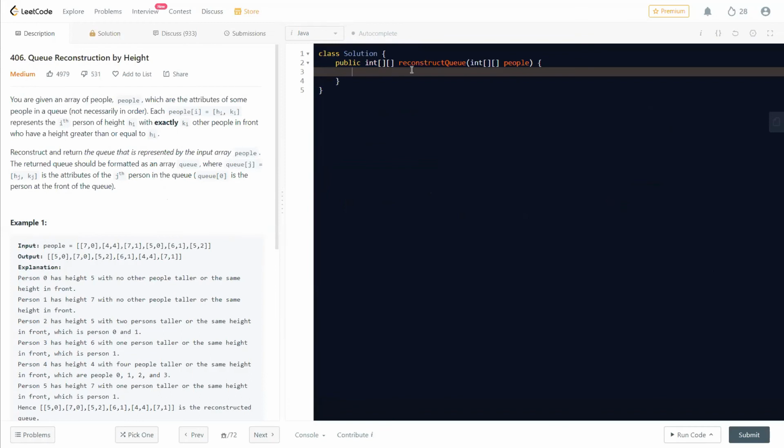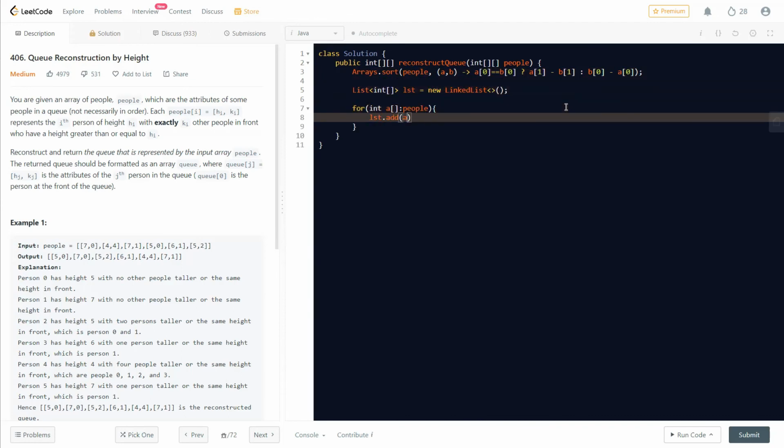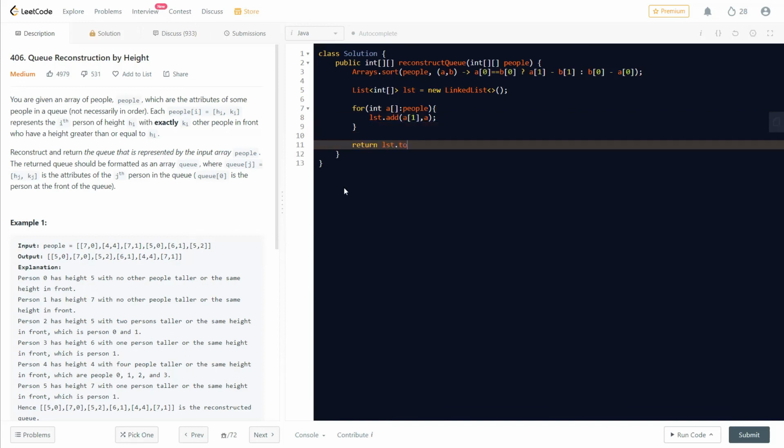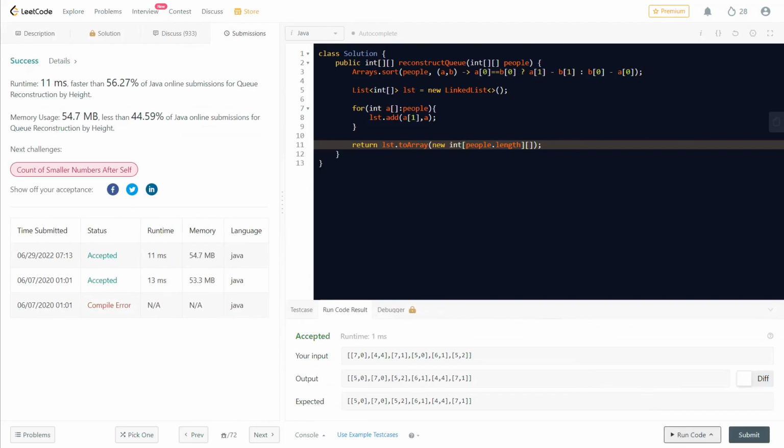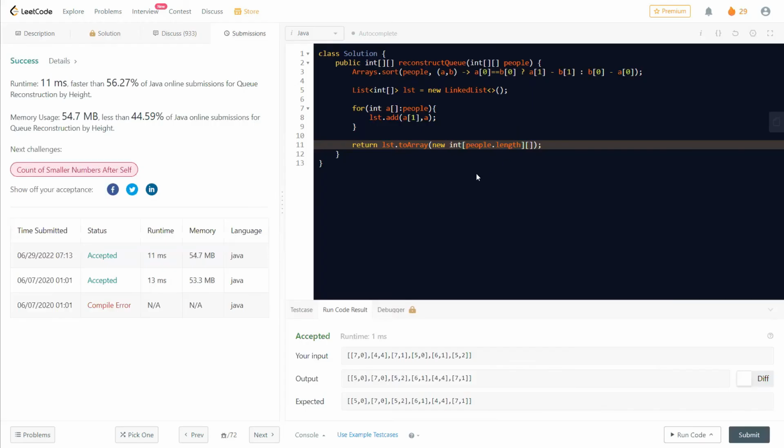Okay, the first thing is Arrays dot sort. Yeah, so here it is exactly. You can see it's an 11 millisecond solution we have over here.